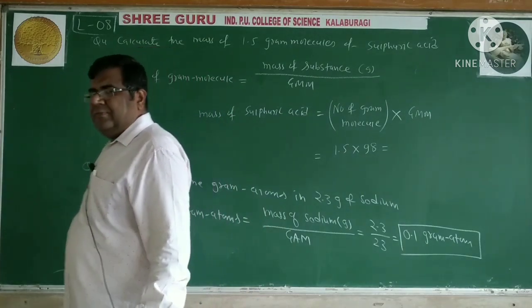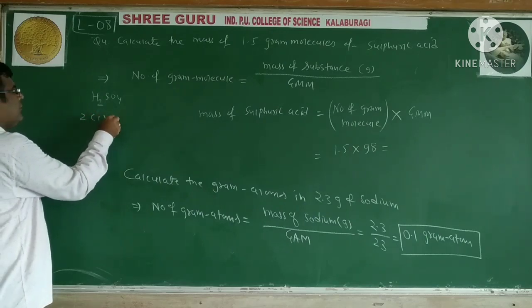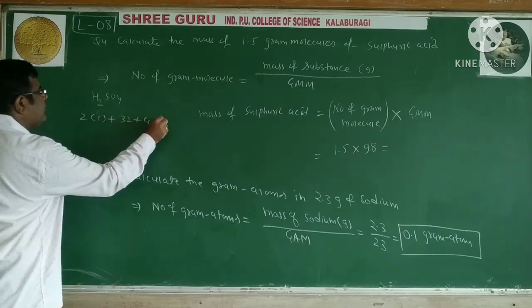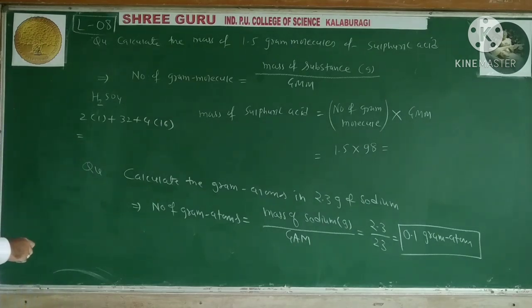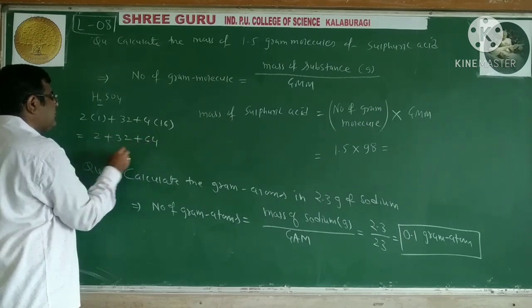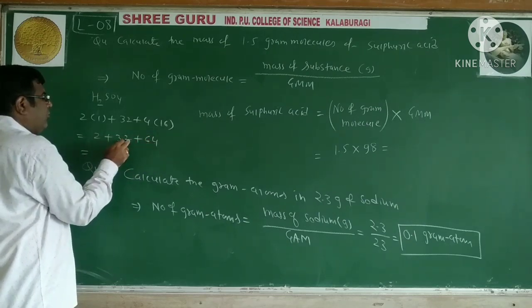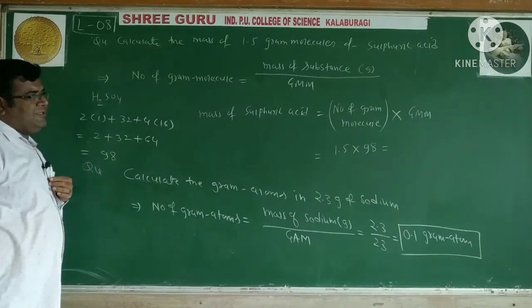H2SO4. There are 2 hydrogens, 1 sulfur and 4 oxygens. It is 2 plus 32 plus 64. 4 sixes are 24 plus 2 is 26, 8, and this is 98.